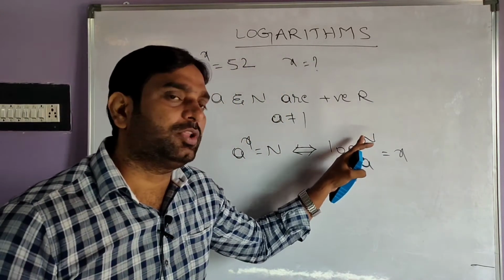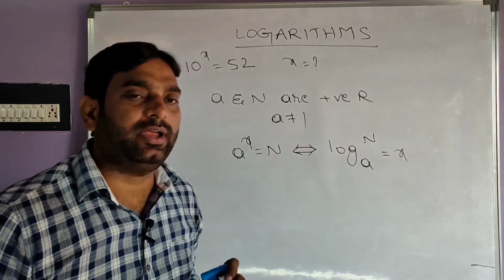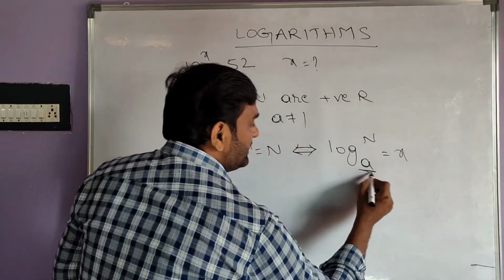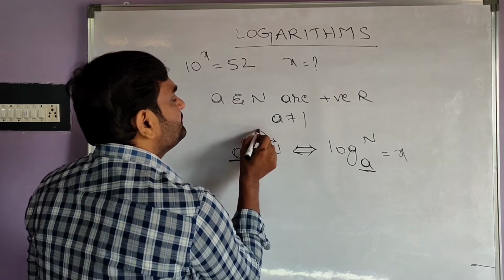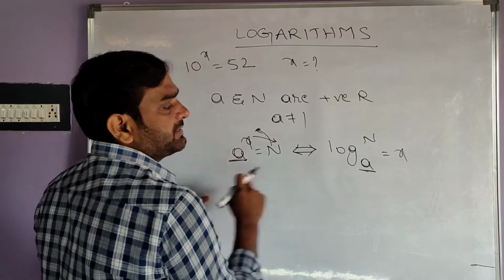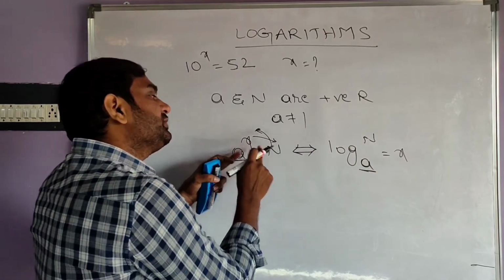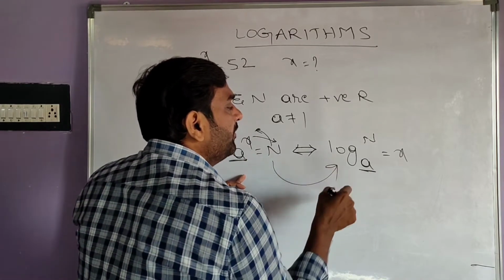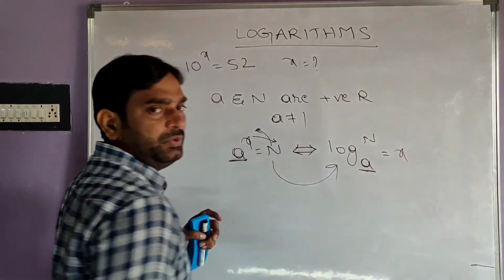Log n to the base a is equal to x. Here, what is the base? Base a. These two are just a transform, x replaced by n, n coming to x. Now a power x equal to n can be written in the logarithmic form as log n base a is equal to x.